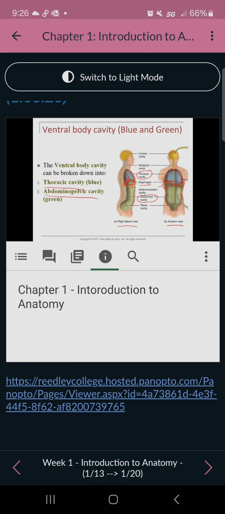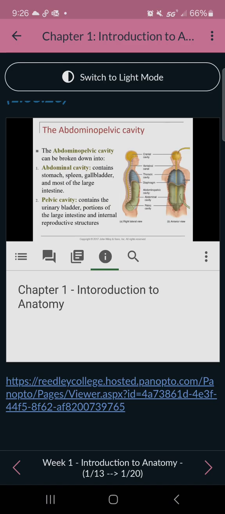So the abdominopelvic cavity can be broken down into the abdominal cavity and the pelvic cavity. Here, this is the abdominopelvic cavity, this whole green portion. However, it's divided into abdominal cavity and pelvic cavity. This is the line where it divides between the two.